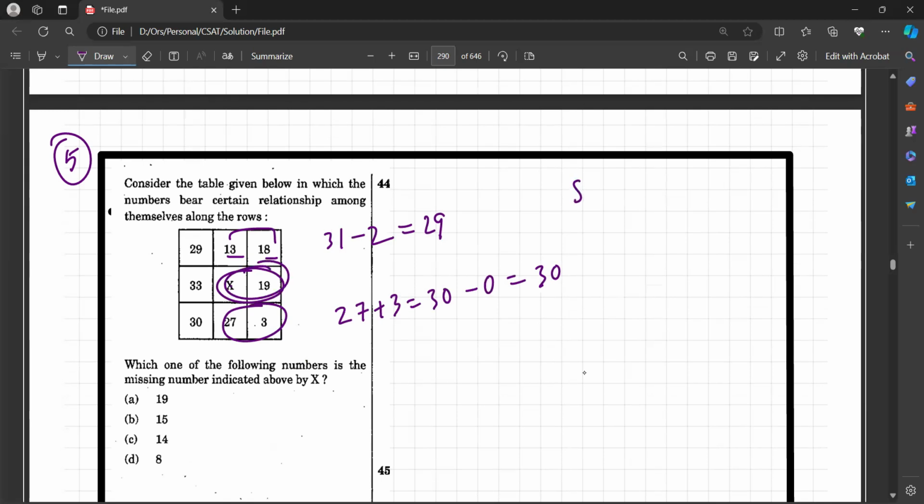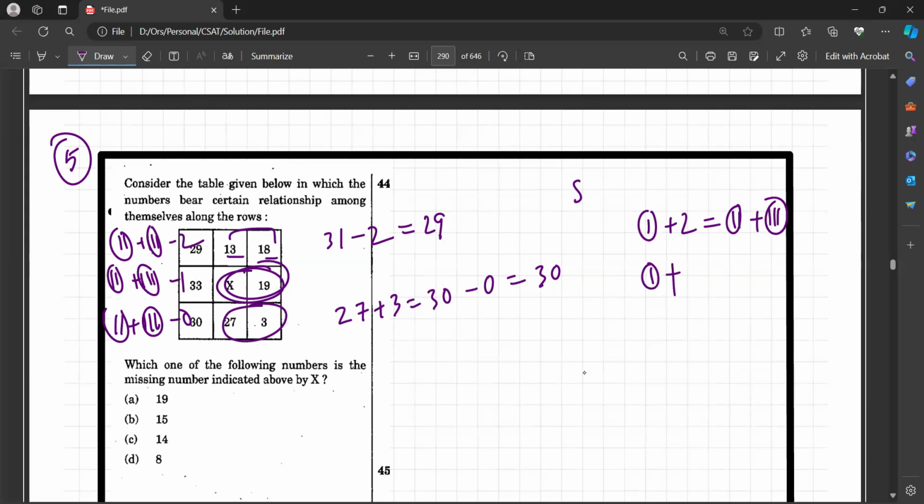Here the logic is 2 plus 3 minus 0, 2 plus 3 minus 1, 2 plus 3 minus 2. Got it? Clear? Or you can say 1 plus 2 equals 2 plus 3, 1 plus 3, 1 plus 1 equals 2 plus 3, 1 plus 0 equals 2 plus 3.